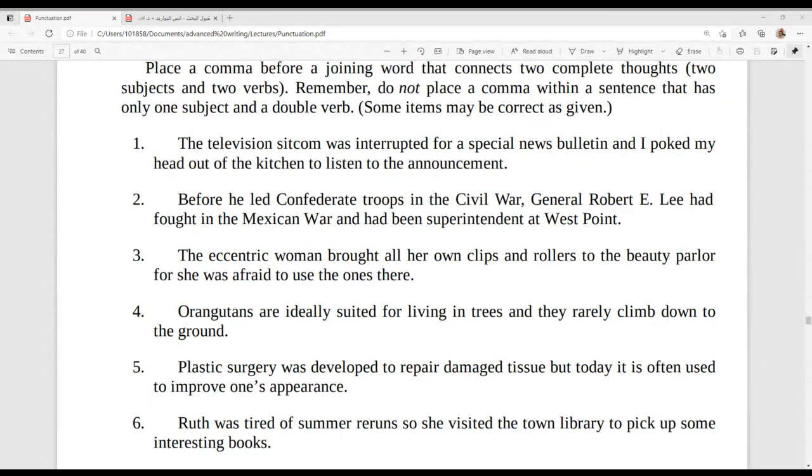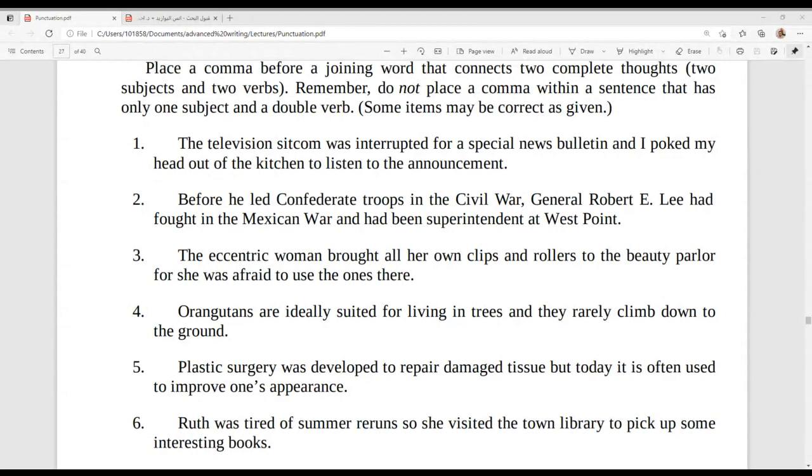They use the pronoun here. So these are two complete thoughts, so we have to use a comma. If they don't use the subject here directly, they use the verb, at this time we don't need the comma. But we have a subject here. That means this is a new thought. So we have to use a comma.